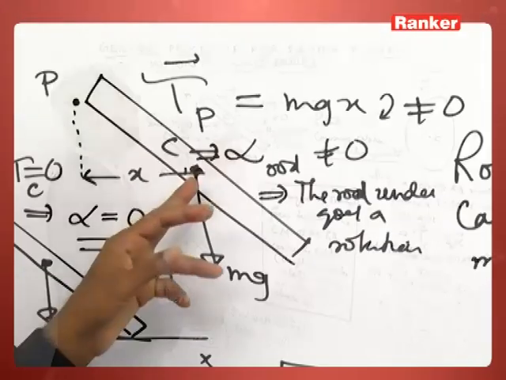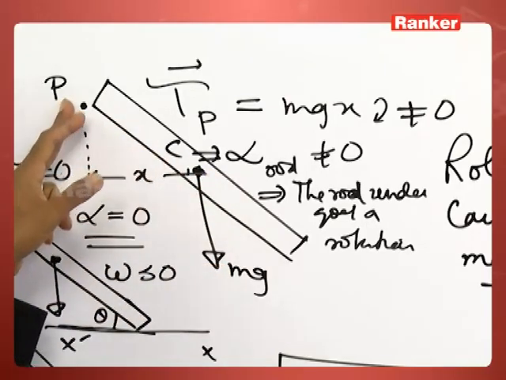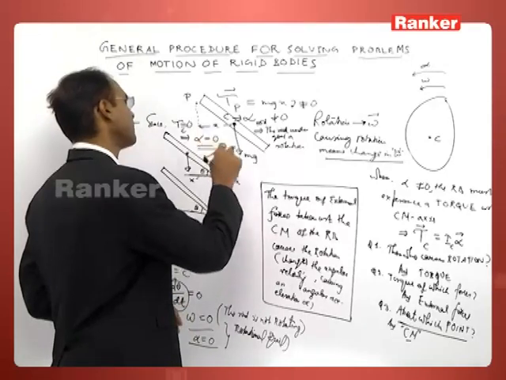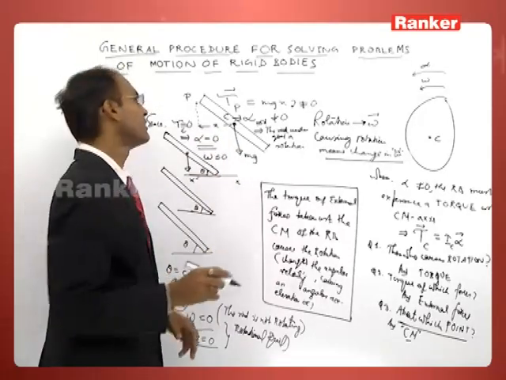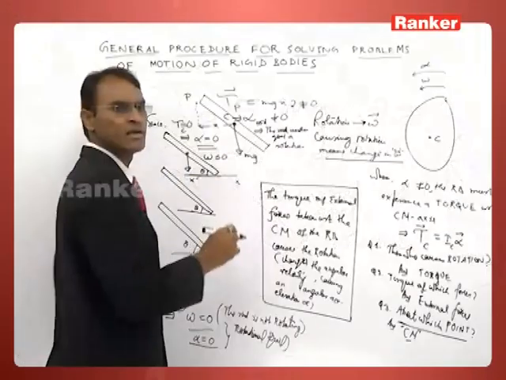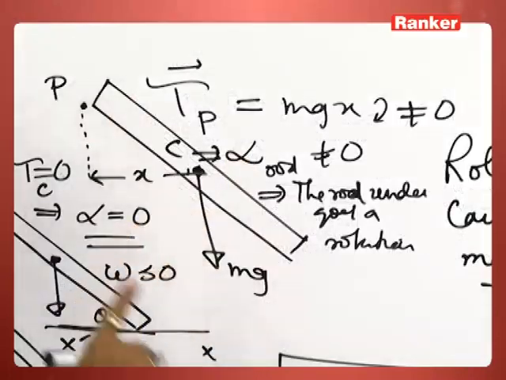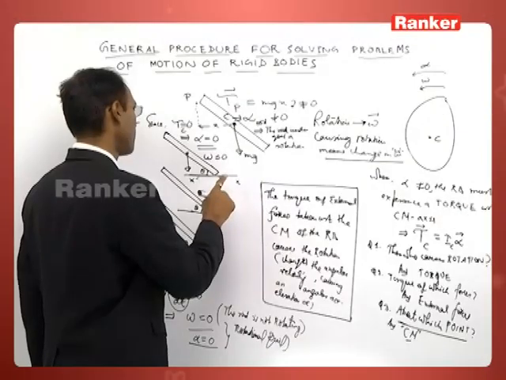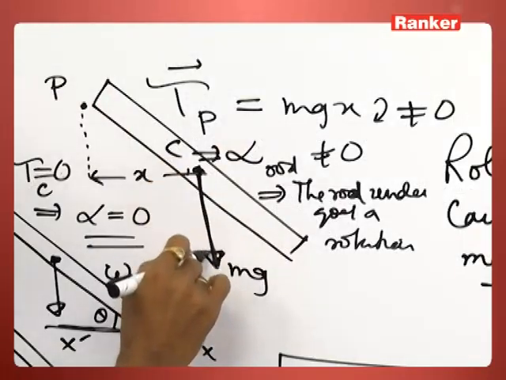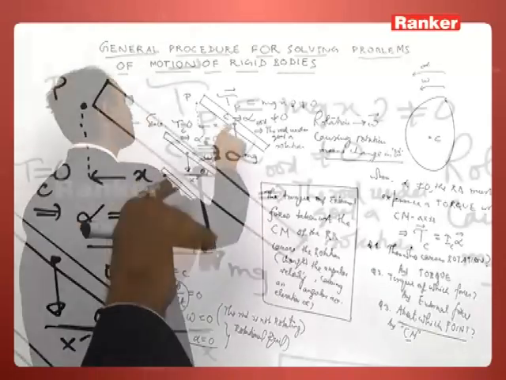That alpha will be the angular acceleration of the center of mass of the rod with respect to this point. That is a different concept. Angular acceleration of the rod is the relative angular acceleration between any two points of the rod. That is always 0 because the gravitational torque is 0 with respect to the center of mass of the rod.